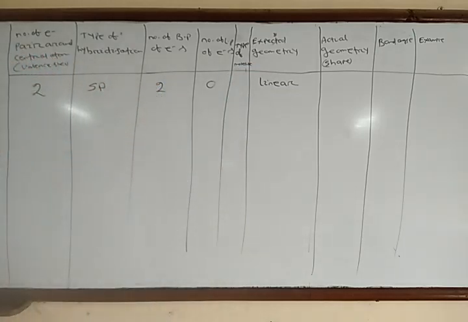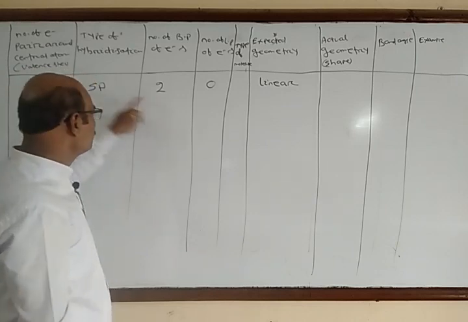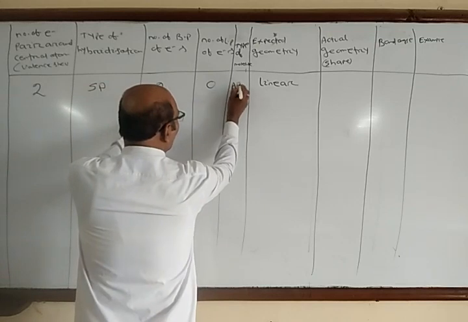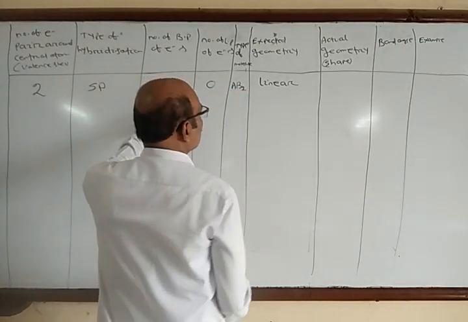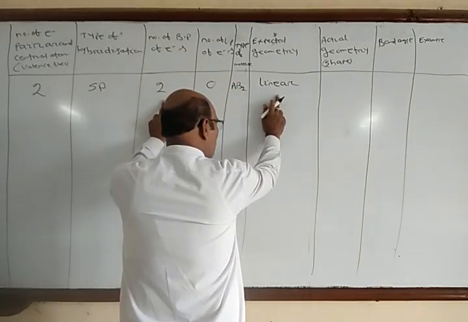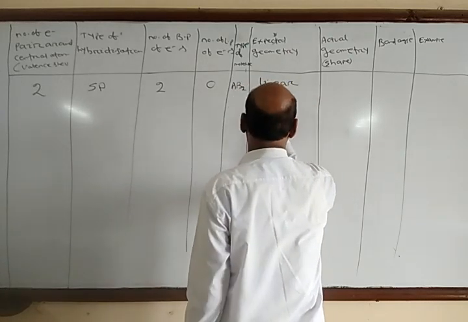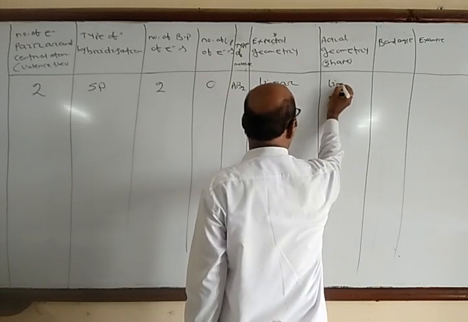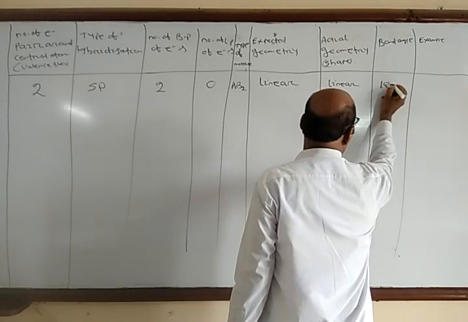Okay. So here there are 2 electron pairs, and both of the 2 are bond pairs, so you can say here AB2 type. Expected geometry linear, actual also linear, bond angle 180 degrees.